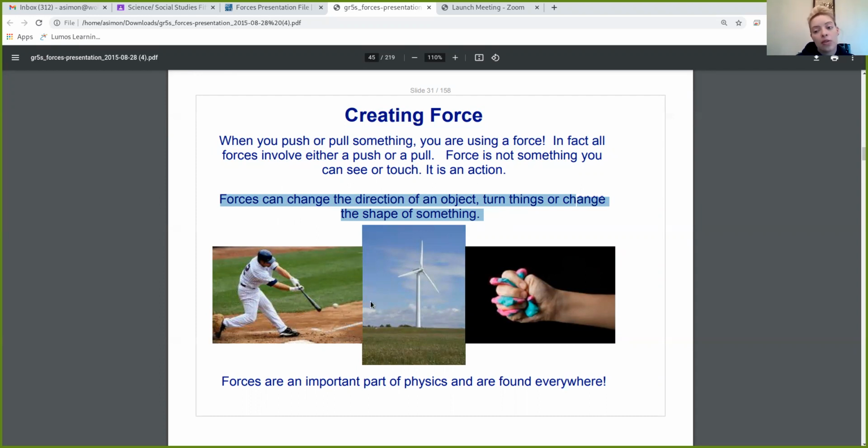Him hitting it with the bat is going to cause the ball to go the other direction. Also, in the second picture, the force of wind is causing this wheel to turn. And finally, the force of the person pushing down on the Play-Doh is changing the shape of the Play-Doh. So forces can change directions of things, turn things, or even change the shape of them.